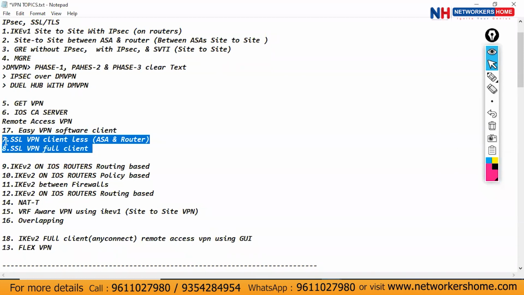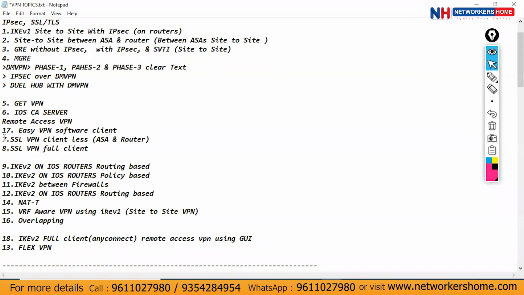These two VPNs which I have indicated are already given in your examination as per my information. So I'll tell you, practice these types of VPNs multiple times as much as you can. Be thorough with these types of VPNs.